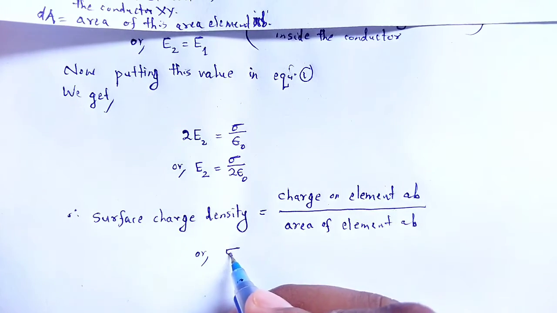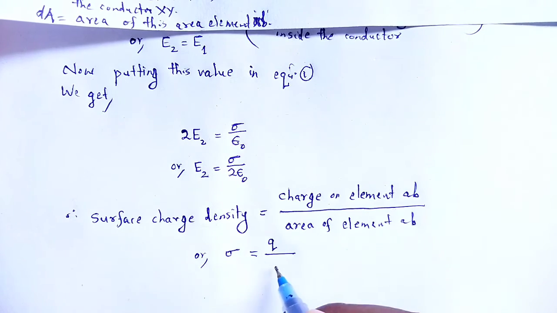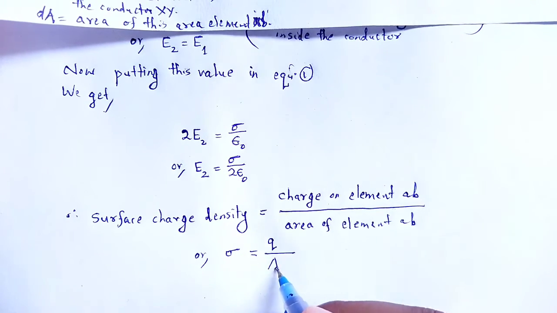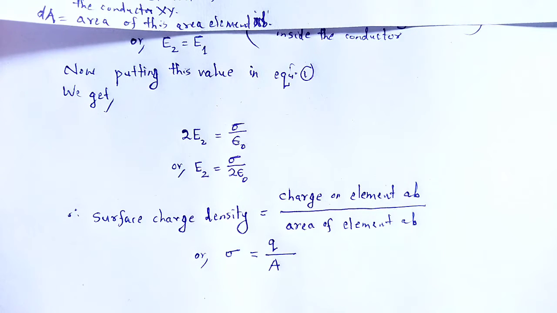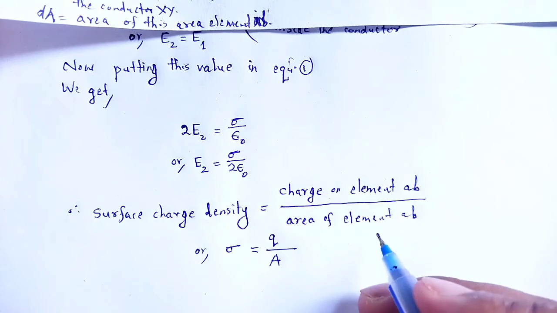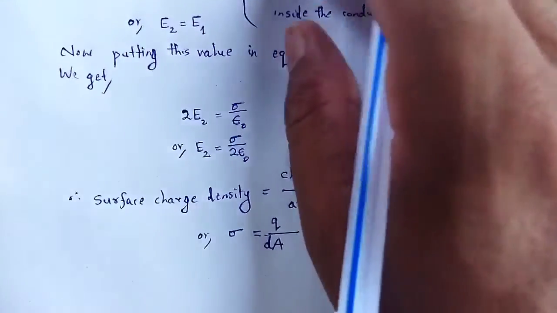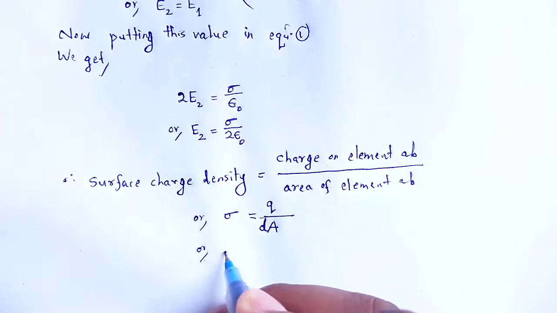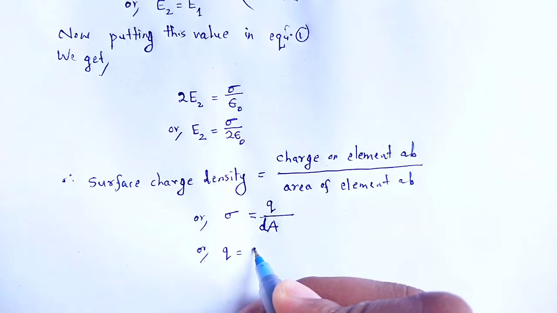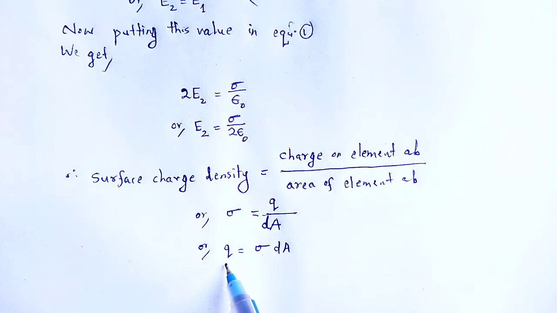Surface charge density sigma is equal to the charge on element AB, let Q be the charge, and for the area of element AB we consider dA. Therefore the charge Q is equal to sigma into dA. Charge on element AB, Q is equal to sigma into dA.